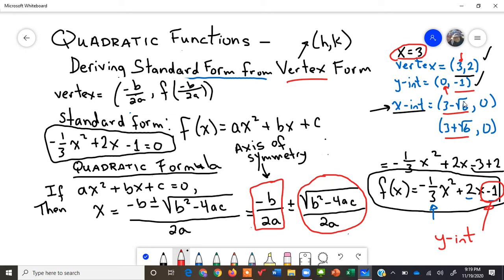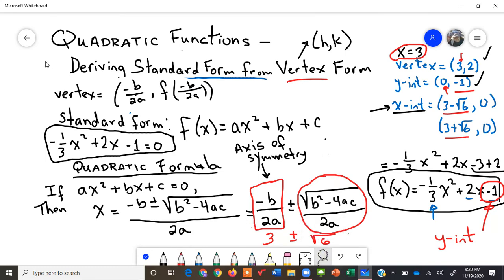The x-coordinate of the vertex. So we were adding and subtracting root 6. And here is the root 6 we can find using the square root of b squared minus 4ac all over 2a. Let's go ahead and do that.